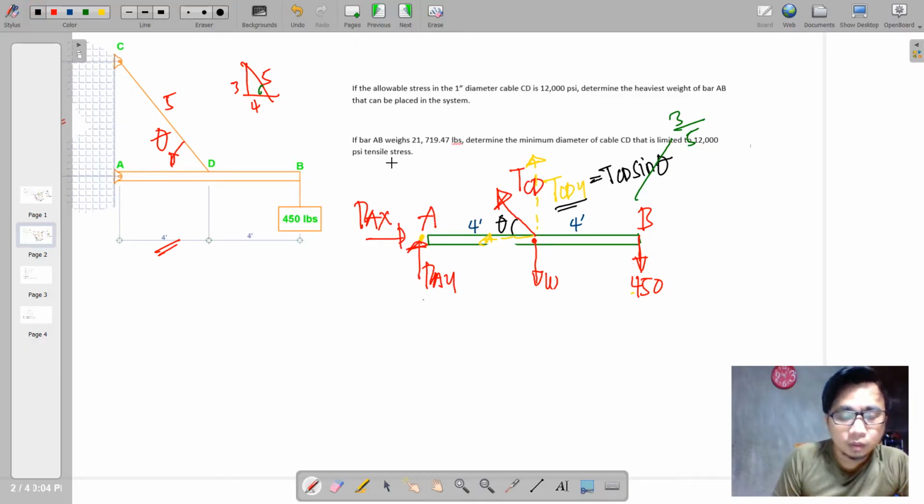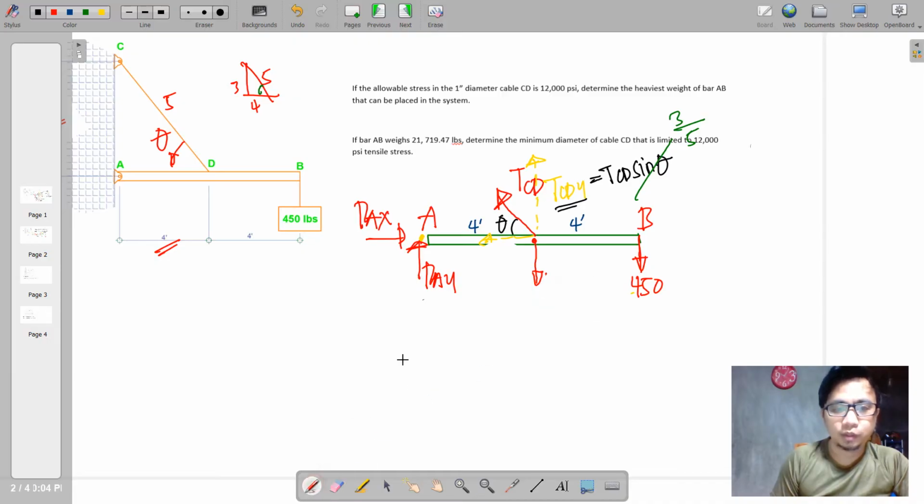Okay, so if bar AB weighs 21,719.47, determine the minimum diameter of the cable CD that is limited to 12,000 psi tensile stress. So this time our W is given. Okay, so perhaps we can write that one.